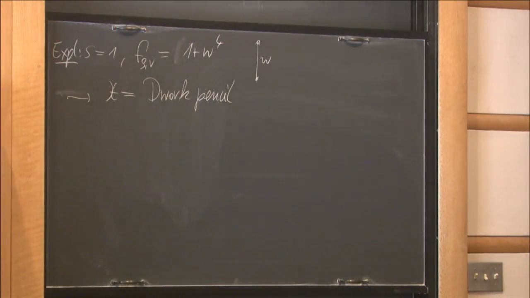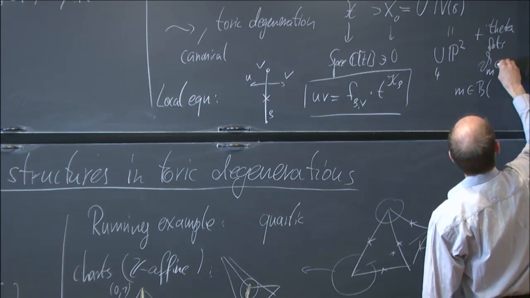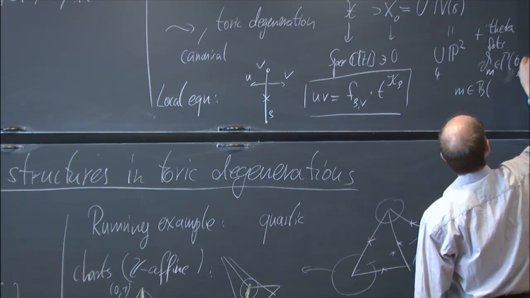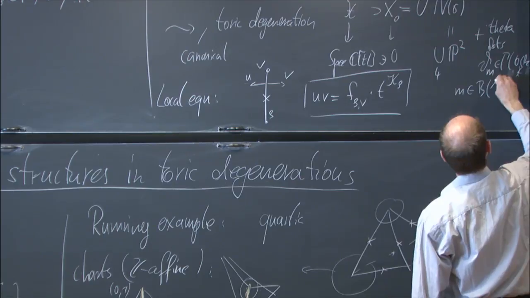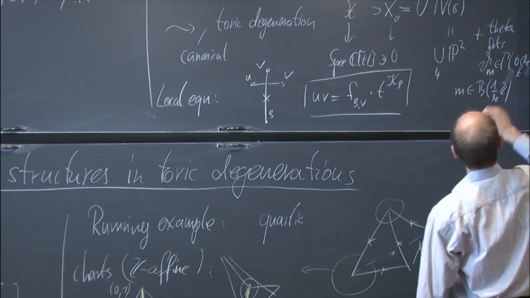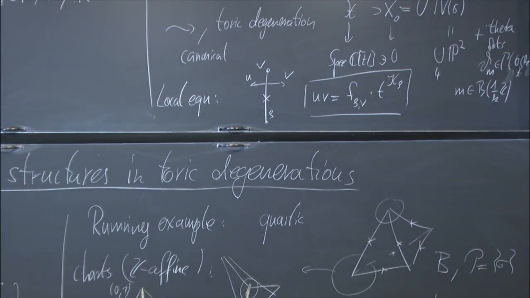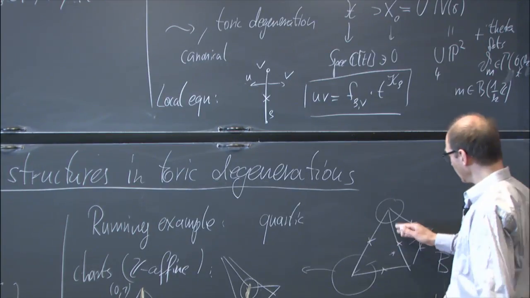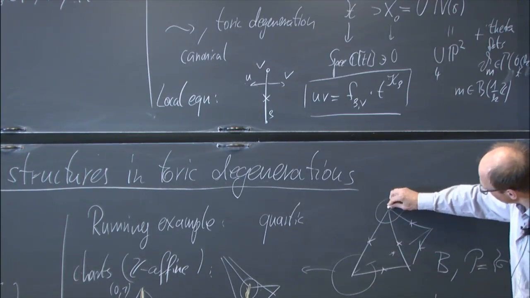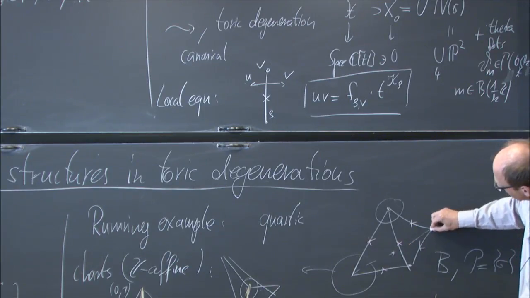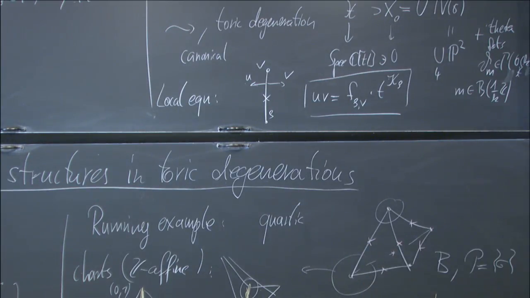So we write some theta m, and the parameterizing set is a 1 over k integral point of B. Okay? So in here, for this Dwork pencil, sorry, for this case, I have 4 distinguished theta functions. These are just the integral points, theta 0 to theta 4.